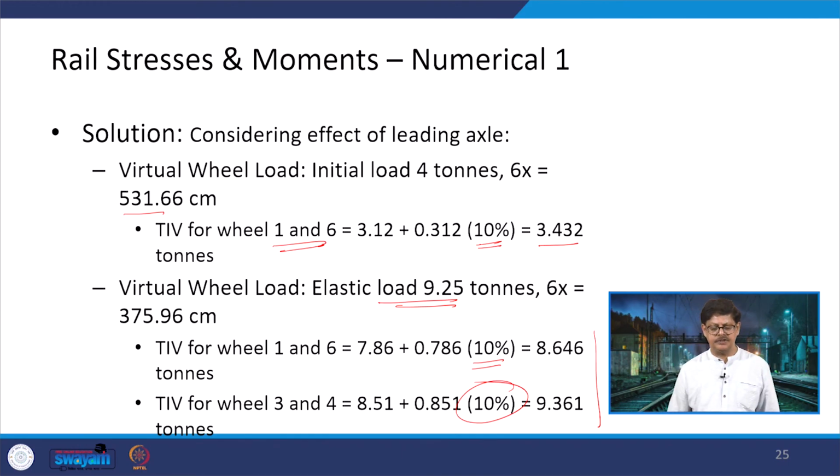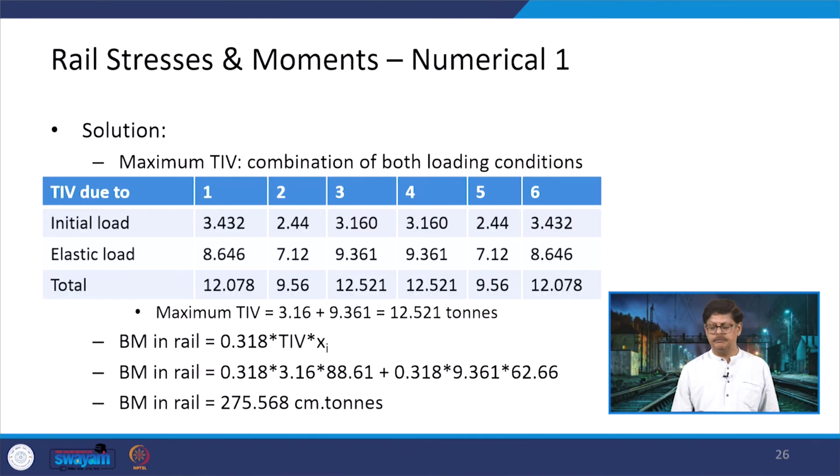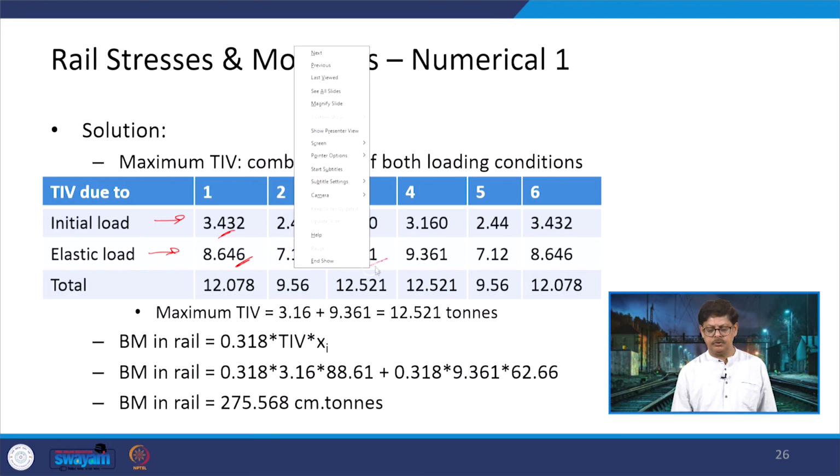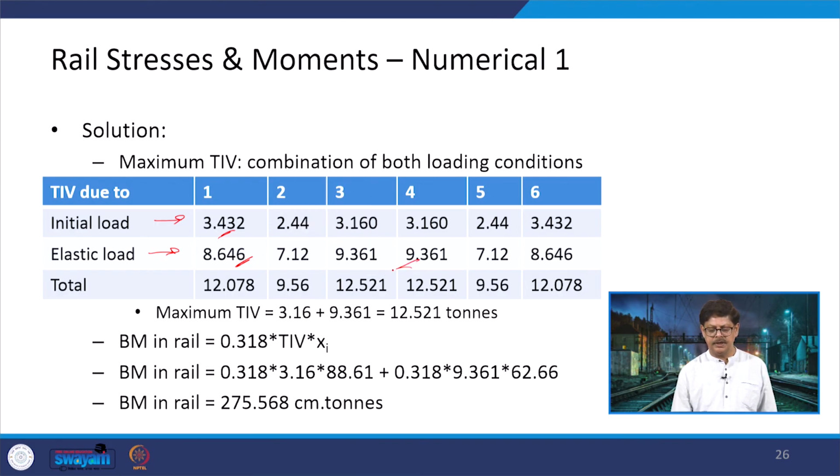So, once we have got these values, now let us move into the combinations here. So, combinations for the elastic load and for the initial load and the elastic load are being shown here. So, the enhanced value is here as well as here. Similarly, for elastic load, this is also an enhanced value, and this one is also an enhanced value, and finally, these 2 values are the ones enhanced by 10%.